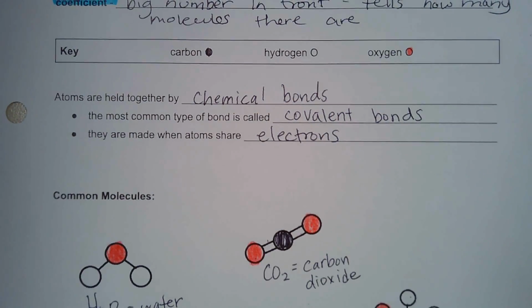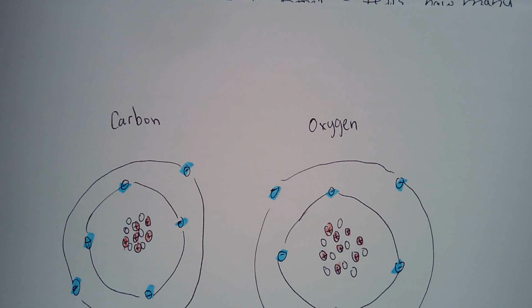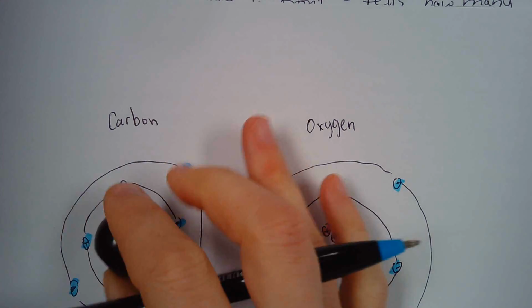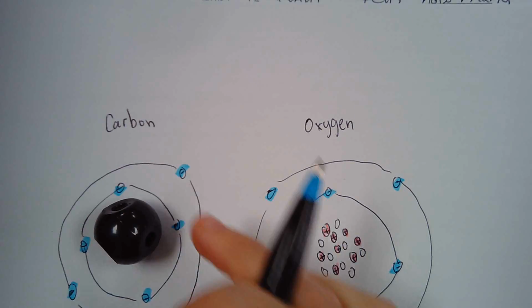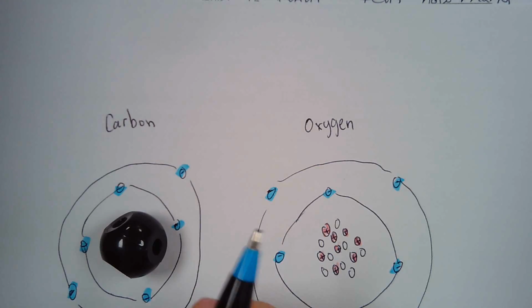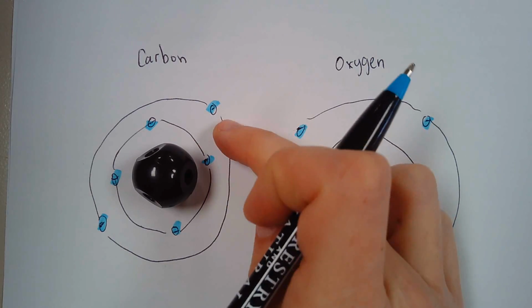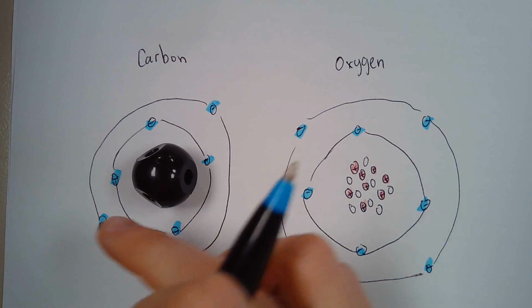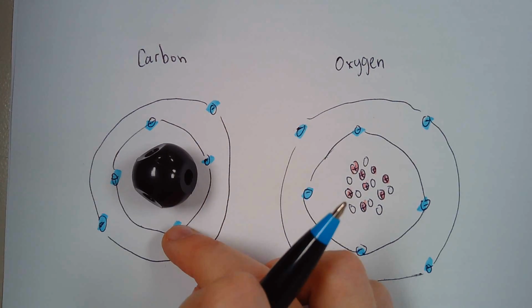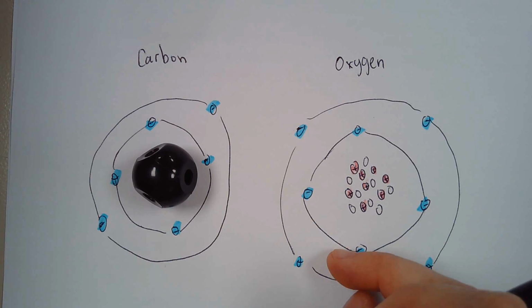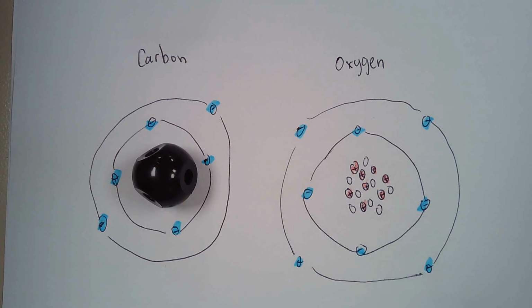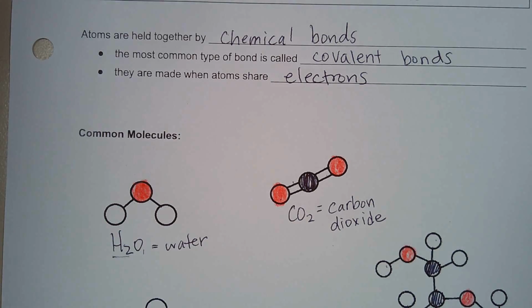Right, so if we look back to these atomic models, this carbon has electrons on the outside that it can actually share, and so if this one were to lose an electron, it could share one with this oxygen, and that is what could happen. And so then they would be bonded together. Okay, and so these were our notes.